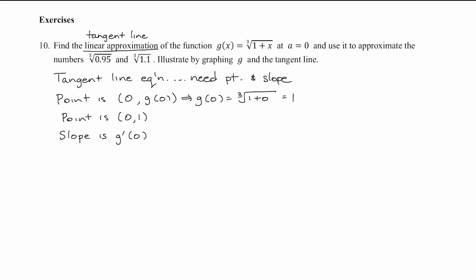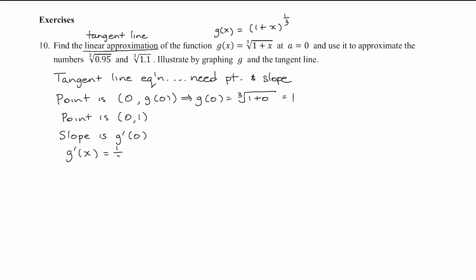Then the slope is g prime evaluated at the point of tangency, so at that a equals 0. So we need to find g prime of x, and I don't know if everybody understands, the cube root is the same as power of 1/3, right?